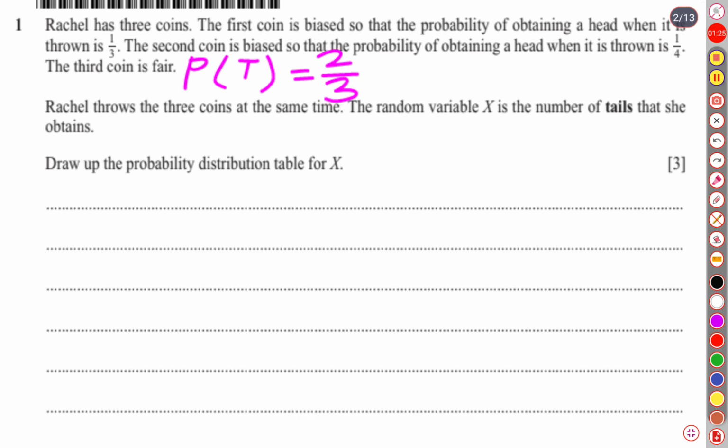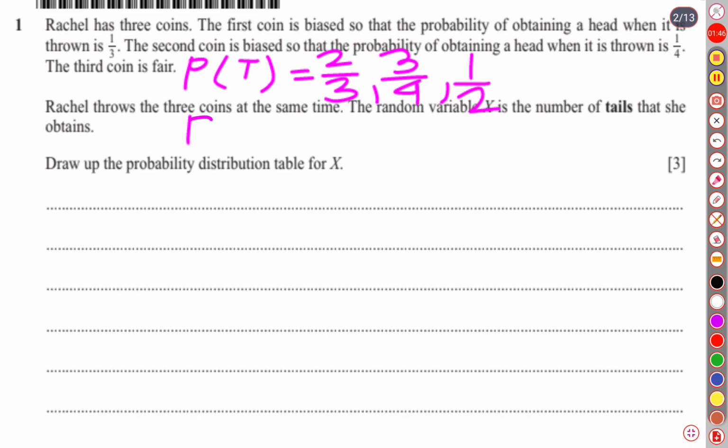For the second coin, one fourth is head, so three fourth is going to be tail. And the third coin is unbiased, I mean fair, that's why it is going to be half. This is the probability of obtaining tail.